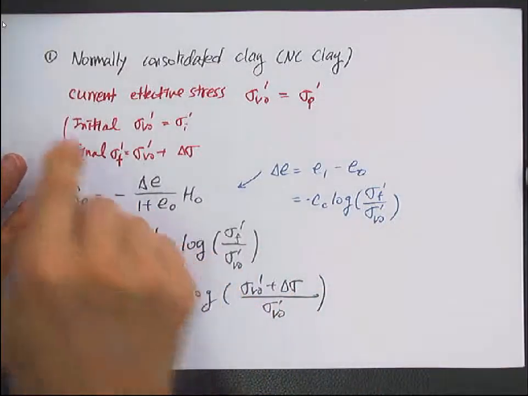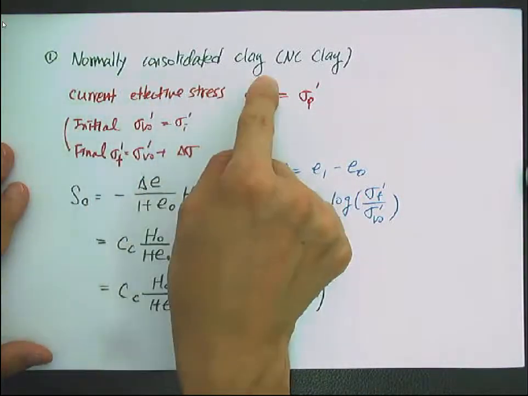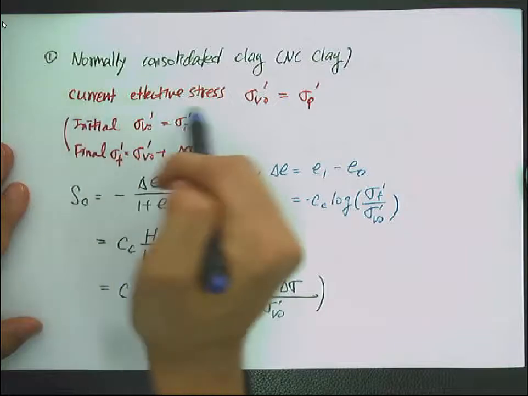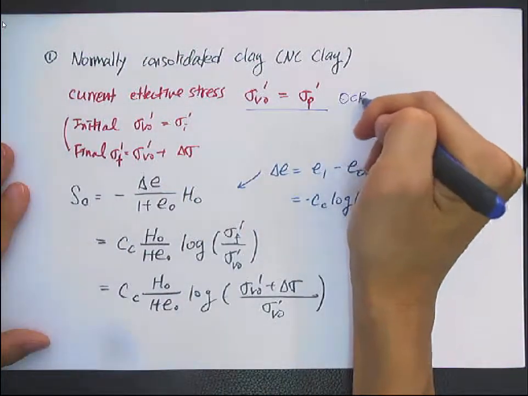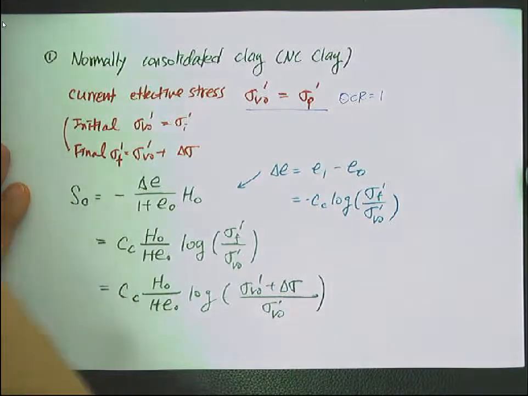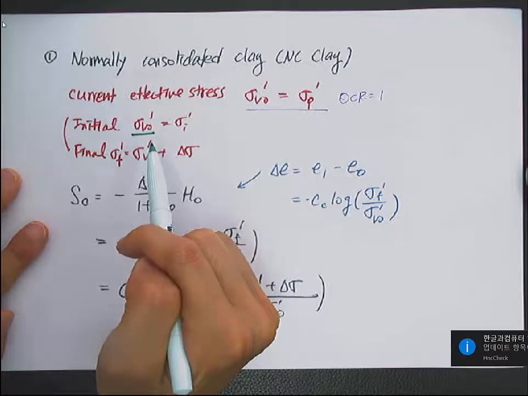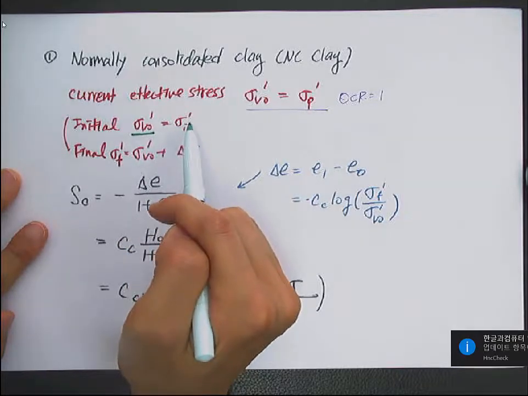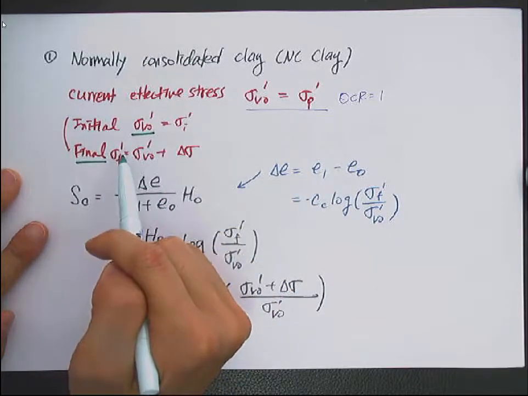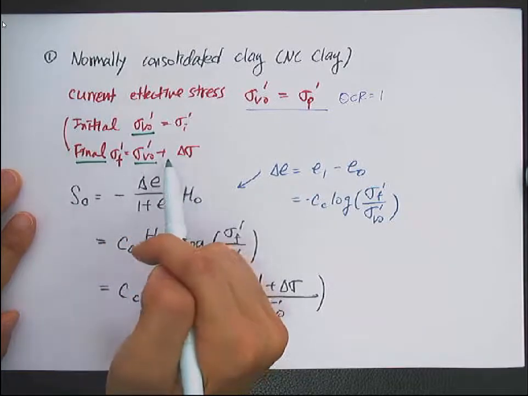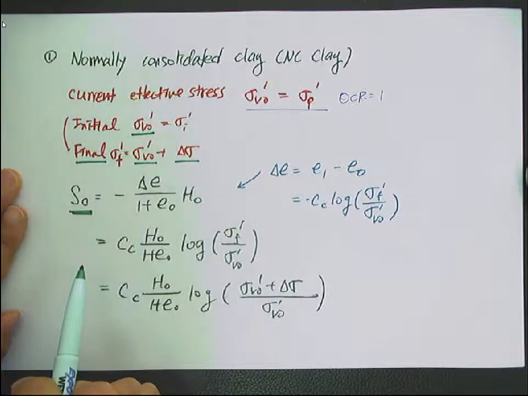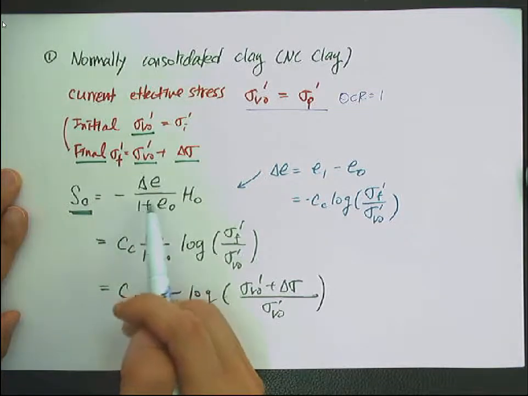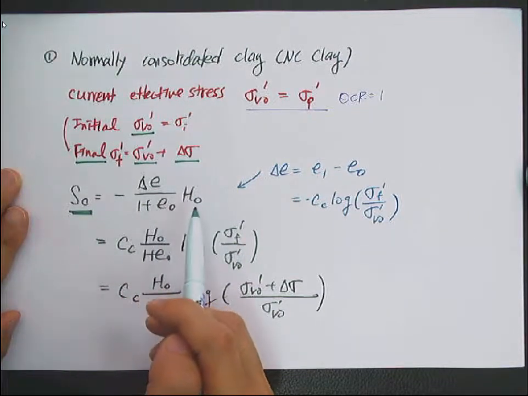First, when we have a normally consolidated clay, NC clay, the current vertical effective stress is the same as the pre-consolidation stress. So the OCR is just 1. Okay? The initial vertical effective stress is sigma v naught prime, and the final is sigma f prime, that's the initial value plus delta sigma. Then the consolidation settlement is minus delta e over 1 plus e naught times H naught.